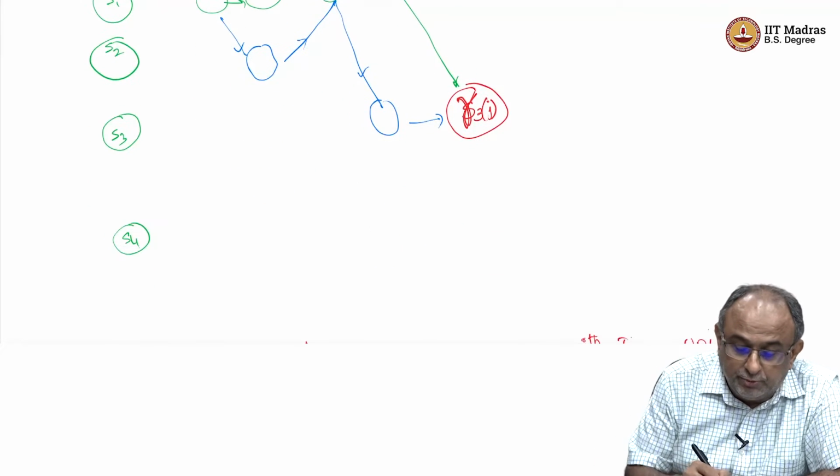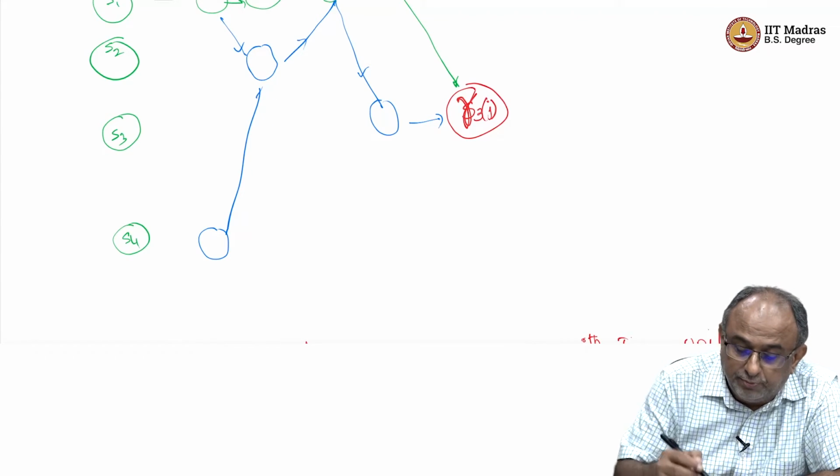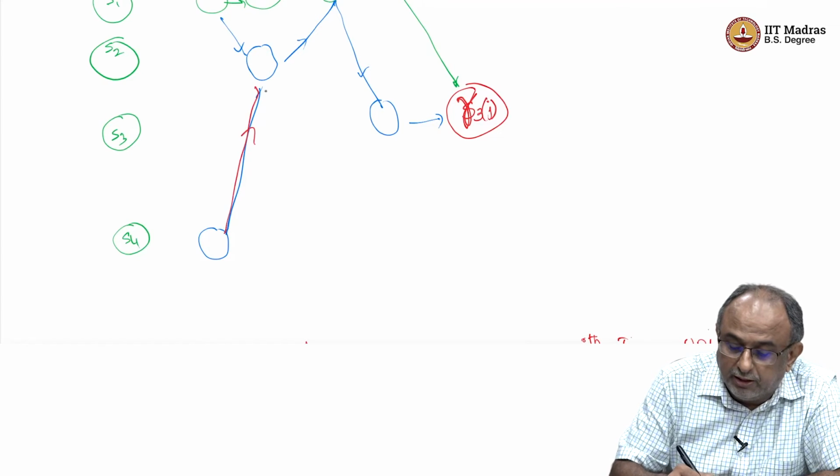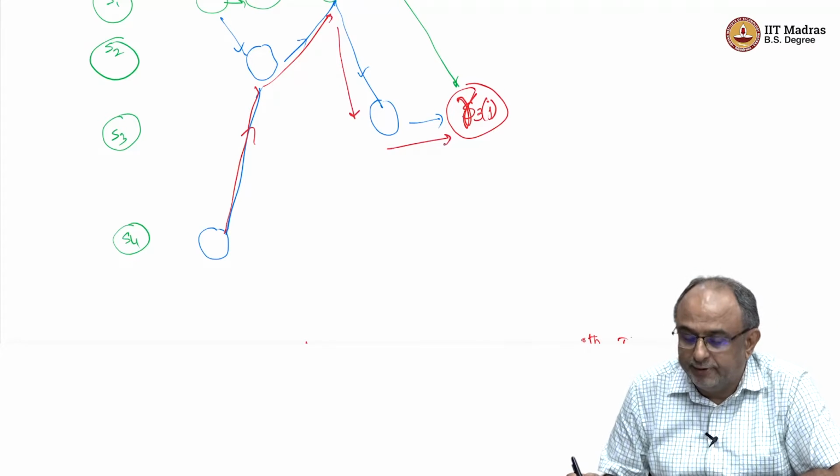And another path could be that I started here, then I went here, then here, then here. So, there are so many paths I can take.